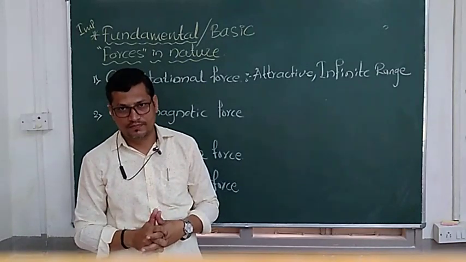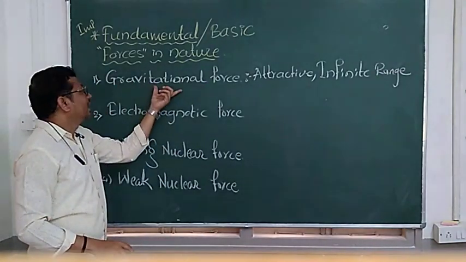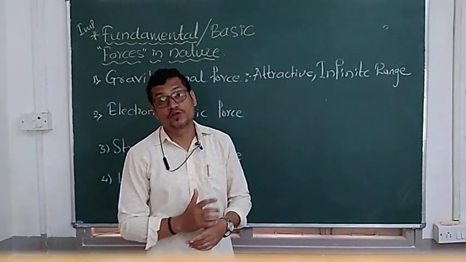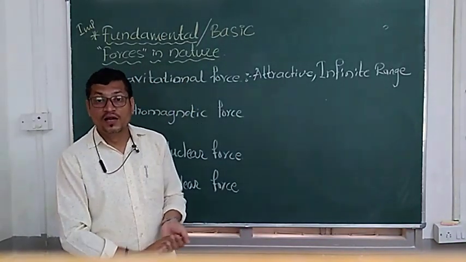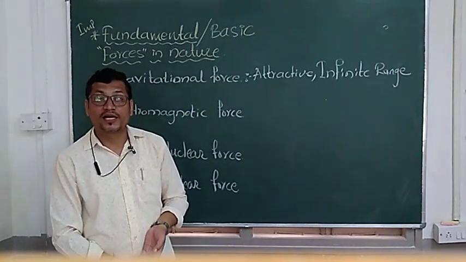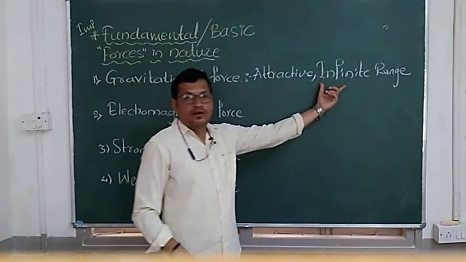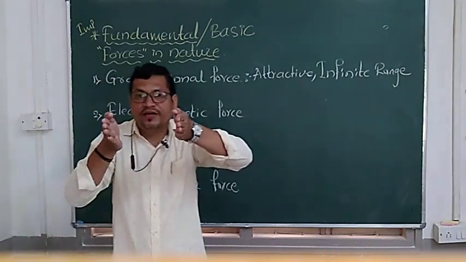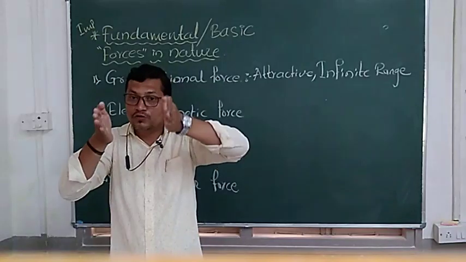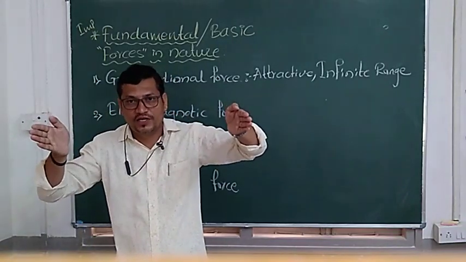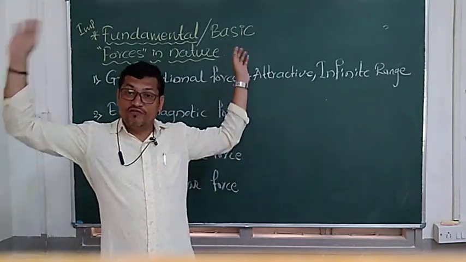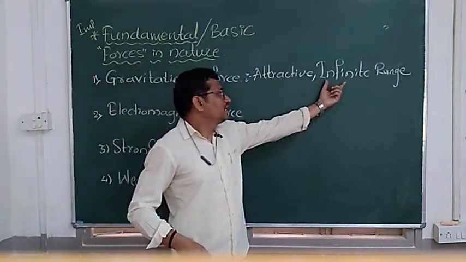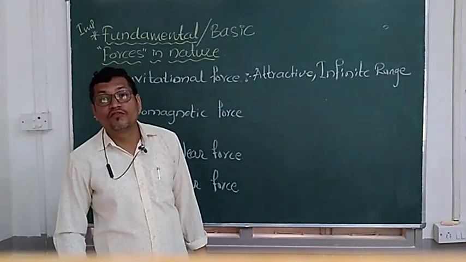This is called gravitational force, and it is always attractive in nature. The range of that force is infinite. It is not limited to this area or that area. It is related to infinite area, which we cannot measure.